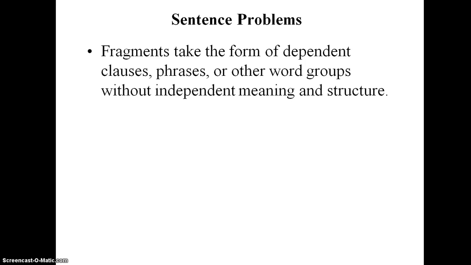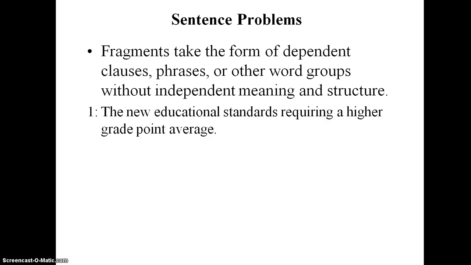Now, here are where sentence problems can occur. Fragments take the form of a dependent clause, one of those with a subordinating conjunction, phrases, as in a descriptor, only a subject, or only a predicate, or other word groups without independent meaning and structure. Now here's some examples. The new educational standards requiring a higher grade point average.